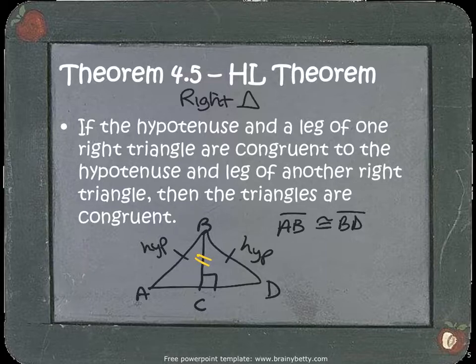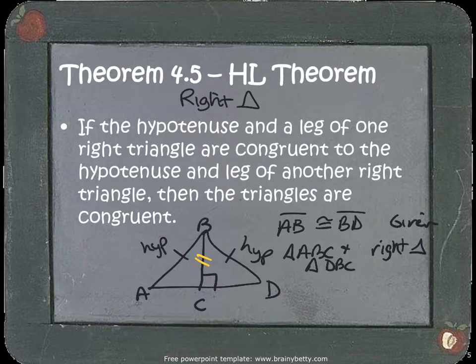It's this guy. So if you were writing a proof, this first statement would be given. You would also state that you have a right angle here, or you could say that triangle ABC and triangle DBC are right triangles.